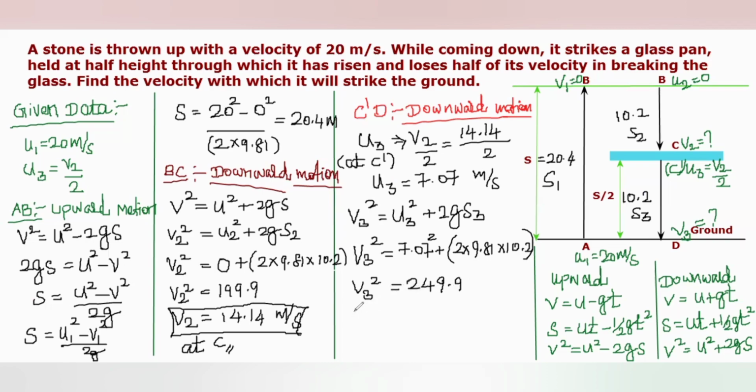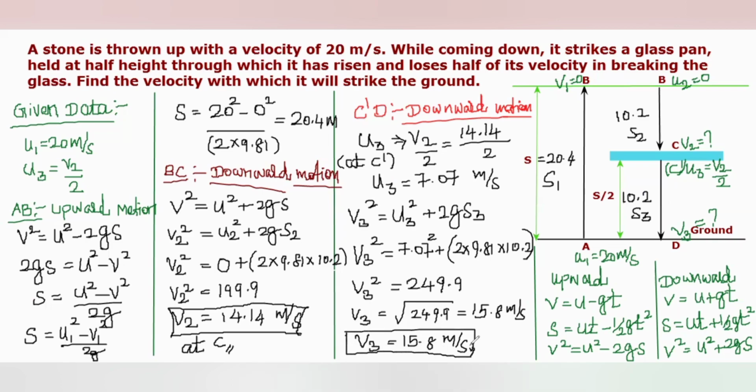So take the square root of the value. V3 equals square root of 249.9. That means V3 we will get 15.8 meters per second. This is the final velocity with which the stone is going to hit the ground.